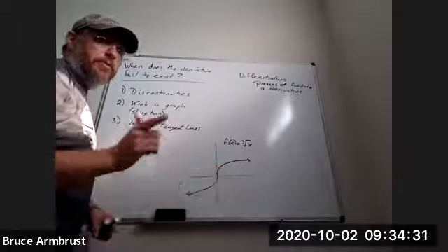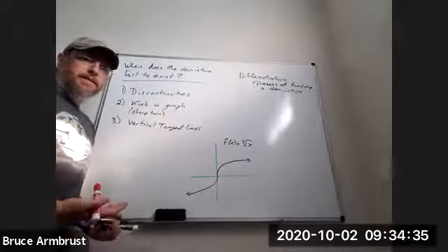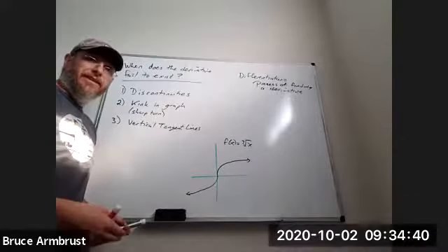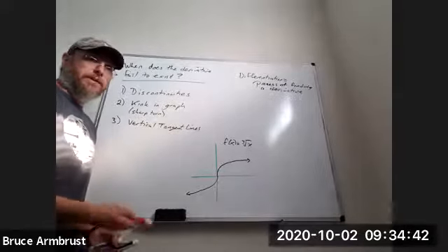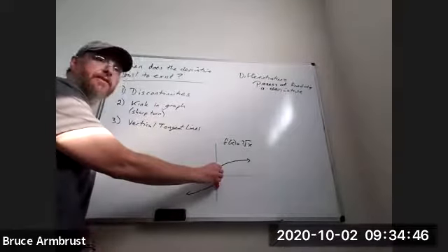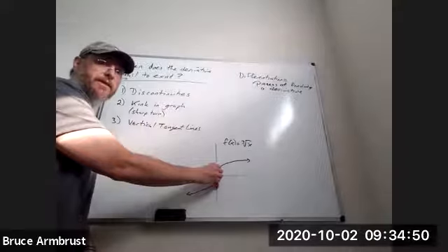Well, I don't know if you remember, but when you have a vertical line, the slope doesn't exist. Or sometimes we'll call it an infinite slope. But the slope doesn't exist. Well, if the slope of a vertical line doesn't exist, then the derivative can't exist, since the derivative is the slope of that line.